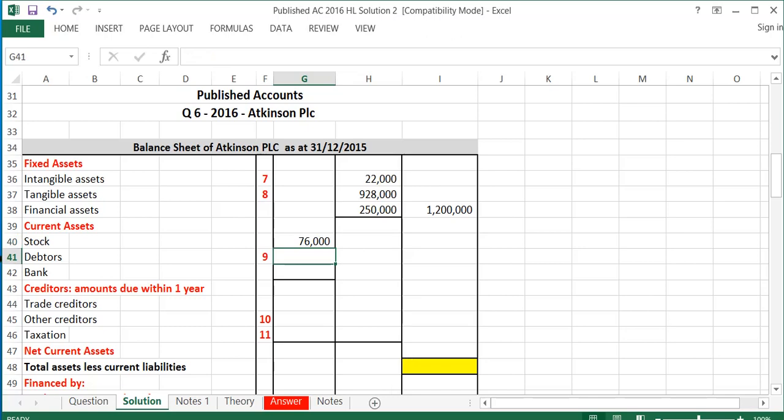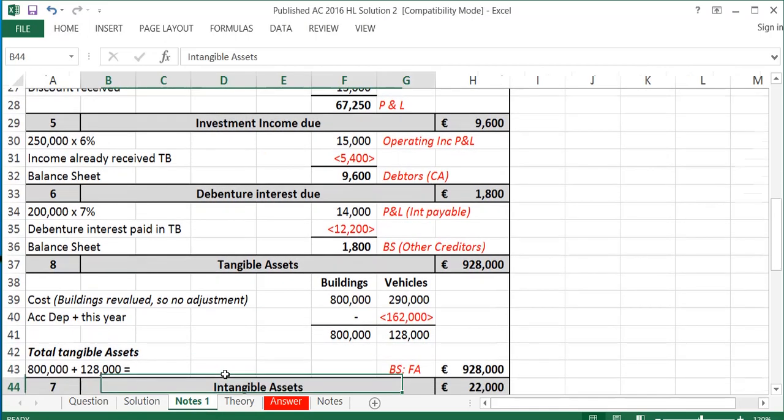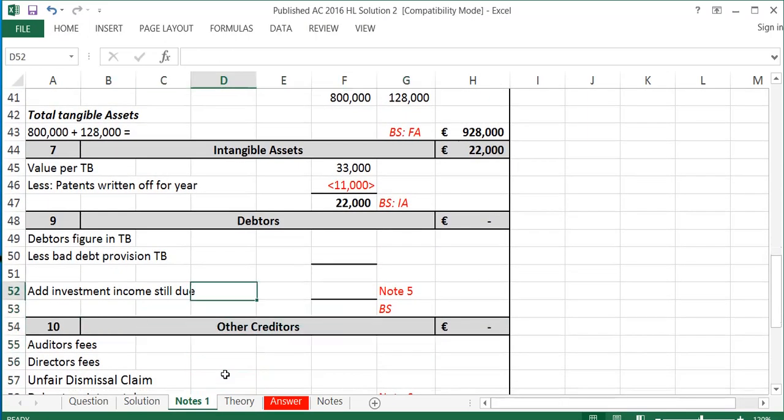The next thing we have to do is a note on debtors. Now these aren't trade debtors, these are debtors altogether. So I need to do a note on debtors, note 9. My debtors figure from the trial balance I can see is 129,000, less my bad debt provision. I can see provision for bad debts from the trial balance are 15,500.